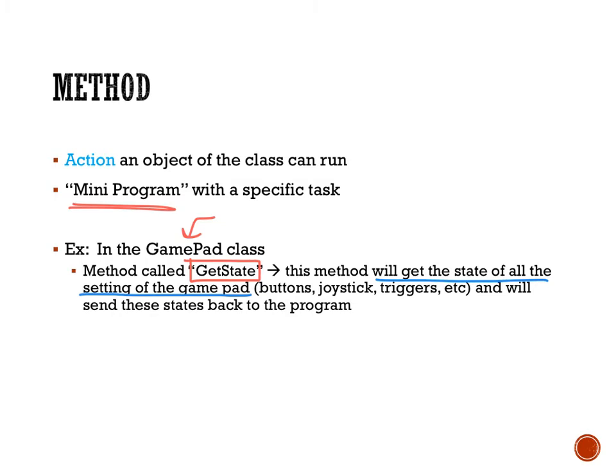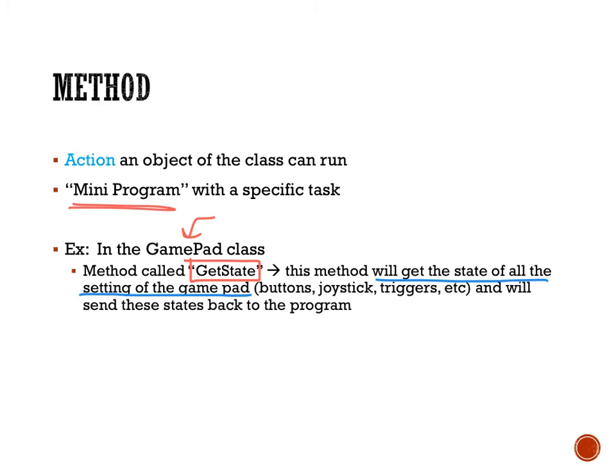So it'll look at the buttons, it'll look at the joystick, it'll look at the triggers. And what this method really does is it gets the state of all of these things and sends it back to your program. So every time that you use this method, you use this little bit of pre-built code that has a specific task. It will go and find the settings of that gamepad. So keep in mind, a method is basically a mini program with a very specific task.